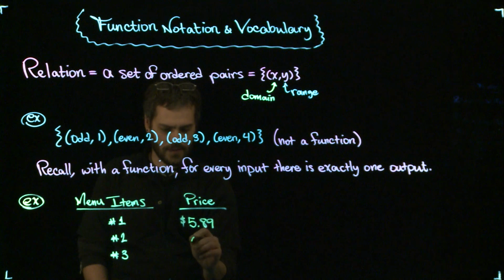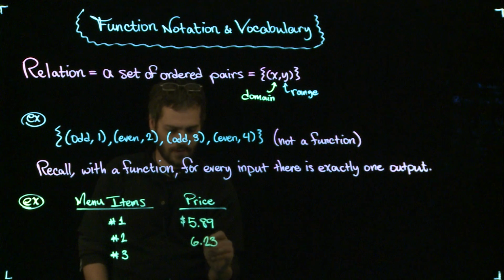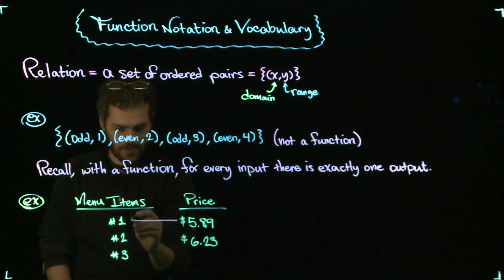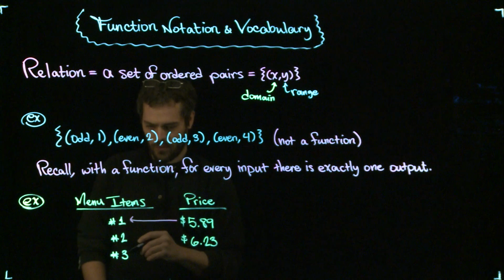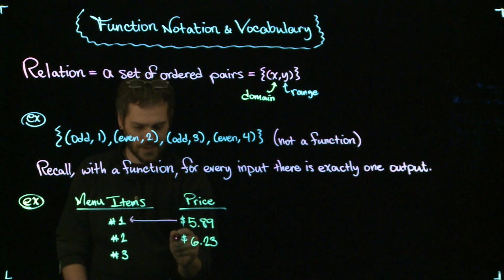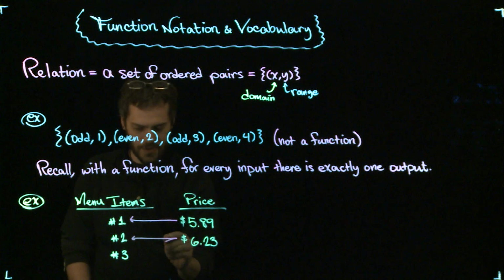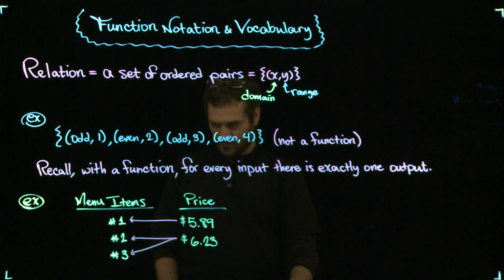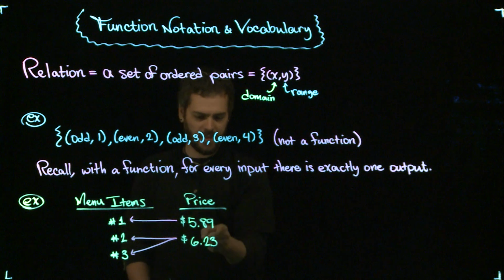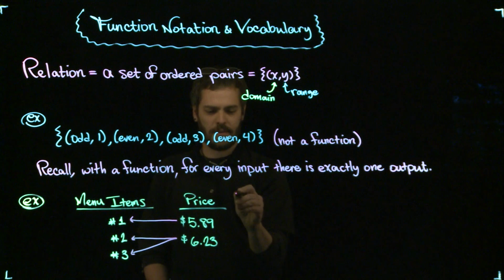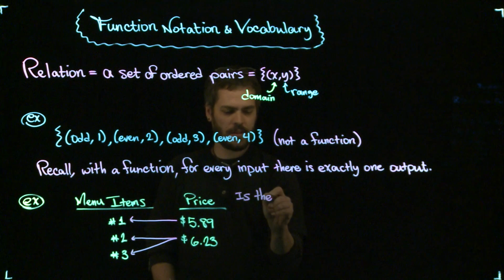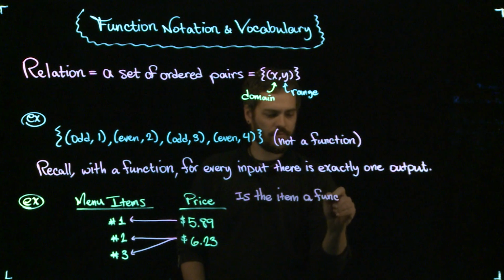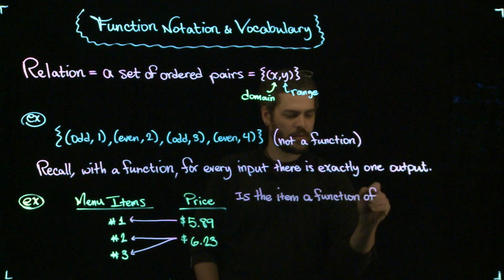and $6.23. Okay. And let's say that $5.89 matches up with item number 1 on the menu, and $6.23 counts for item number 2 and item number 3. Now there are a couple questions I could ask. I could say, is the item a function of price?